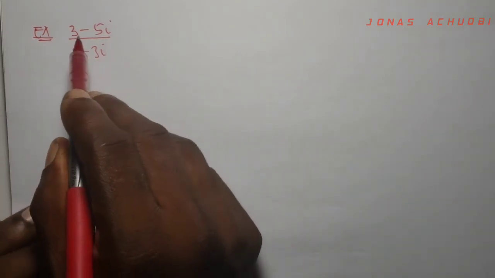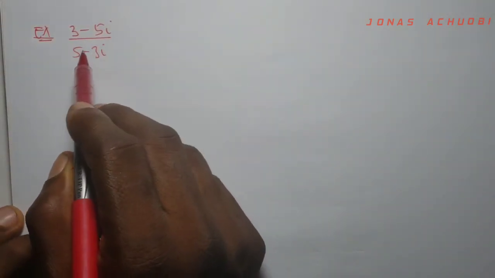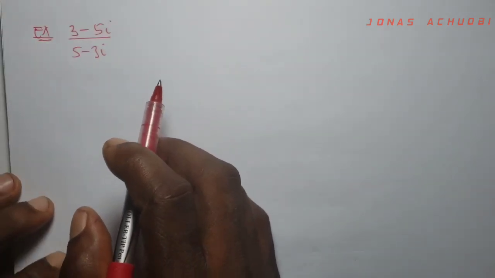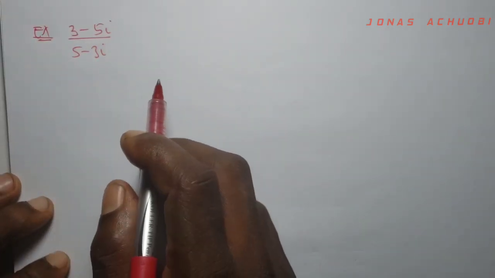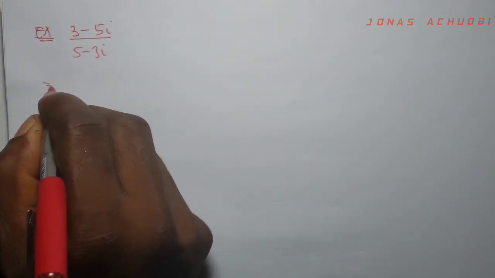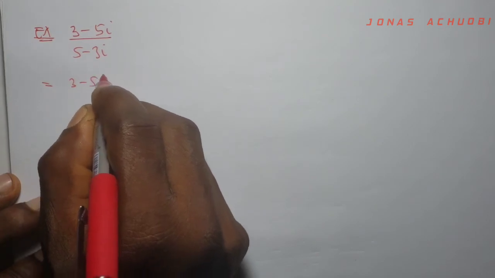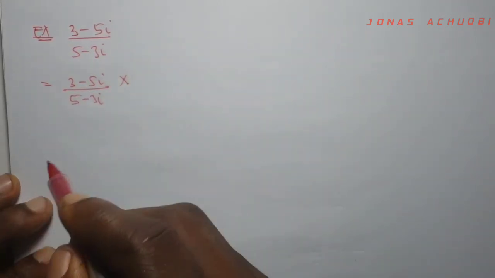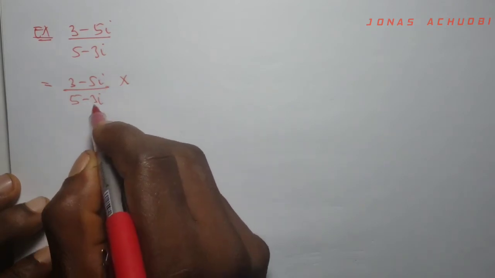So here we have 3 minus 5i divided by 5 minus 3i. The procedure is the same. Multiply numerator and denominator by the complex conjugate of the denominator. So let's proceed. We have 3 minus 5i over 5 minus 3i times the complex conjugate.